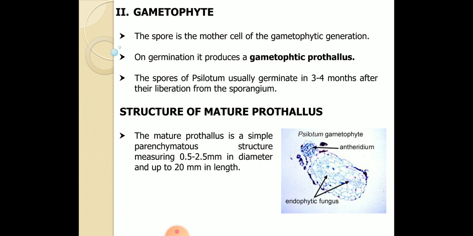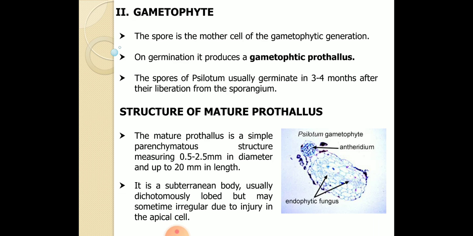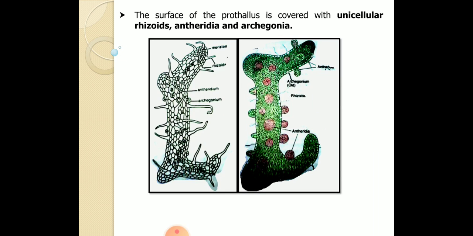On the right side, what we are observing is called the gametophytic structure. Usually they are associated with an endophytic fungus, and they bear the antheridium structure. The surface of the prothallus is covered with unicellular rhizoids, antheridia and archegonia.